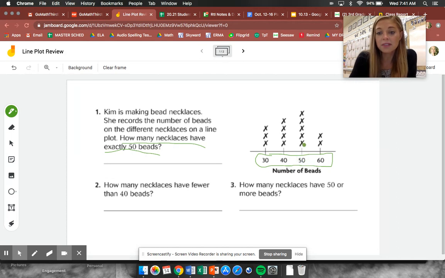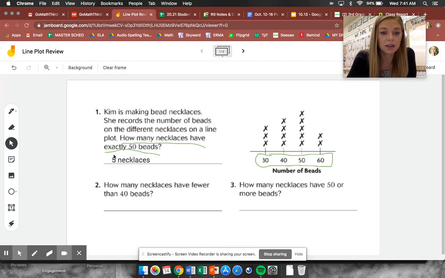All of these X's represent the number of necklaces that have 50 beads. So let's just count the X's. 1, 2, 3, 4, 5. So that means that 5 necklaces have exactly 50 beads because there's 5 X's right on top of the 50. So my answer for this question is just 5 necklaces.